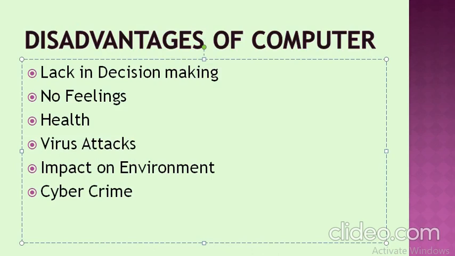In this case, they can just withdraw the money from our account without our permission. In this way bank frauds can take place. So that comes under cyber crime. Cyber means internet and crime means the frauds.